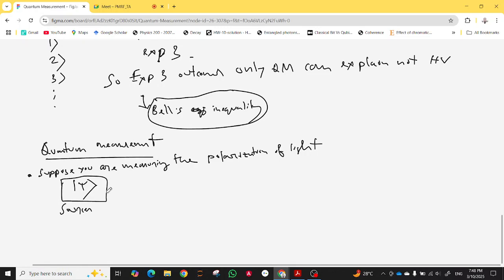From here the field is coming and you are measuring in the detector. So here is some measuring device, and this is your detector. From the source some light is coming and you are measuring polarization in the detector.